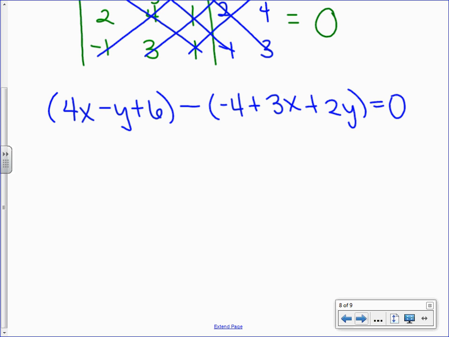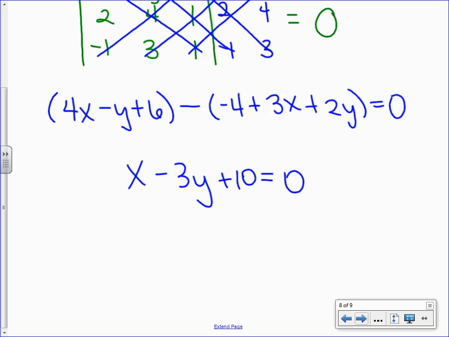Now we have x's, y's, and constants. So let's go ahead and combine like terms. We have 4x minus 3x gives us x. We have negative y minus 2y. And then we have 6 minus negative 4, 10. Okay?